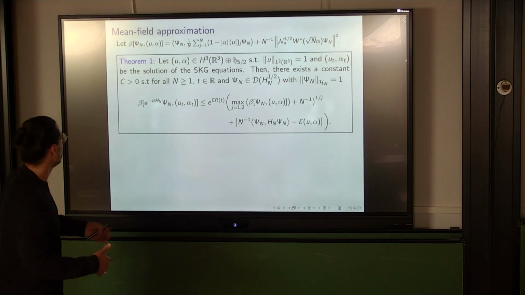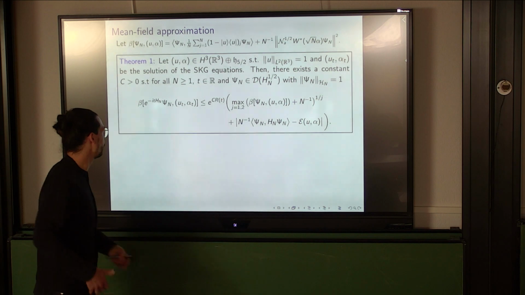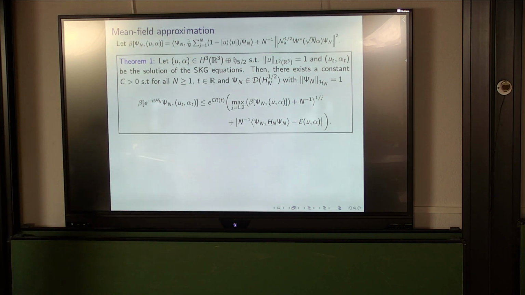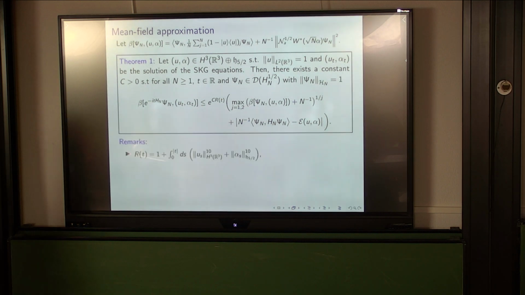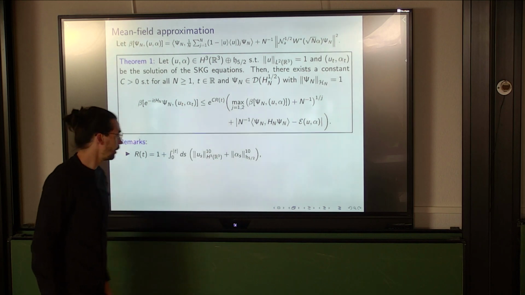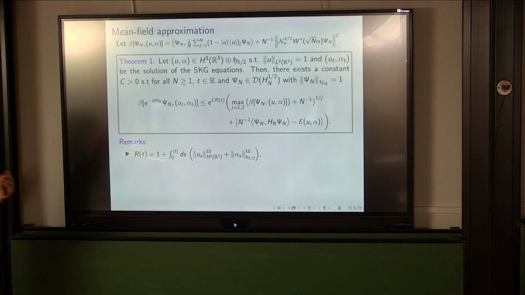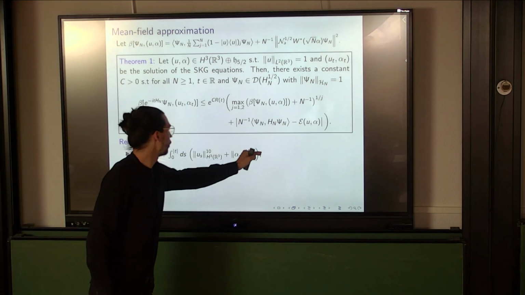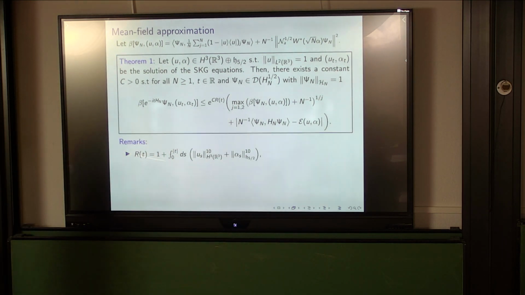This proves the stability of the condensate and coherent structure during the time evolution. This constant RT depends on the H3 and H5 norm, and one can show that it grows like a polynomial in T.